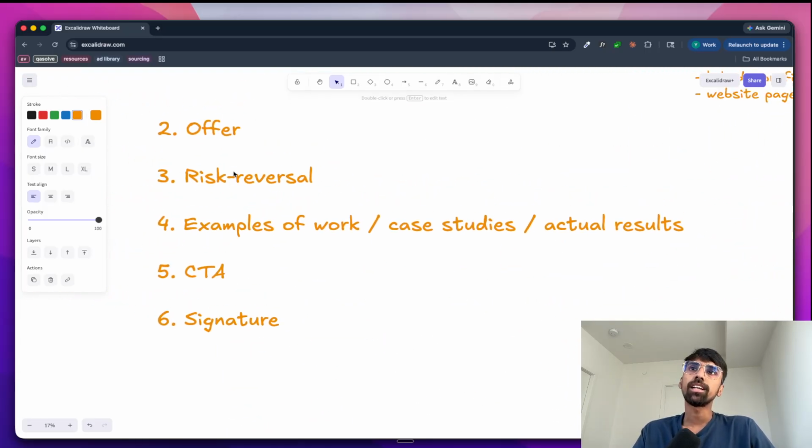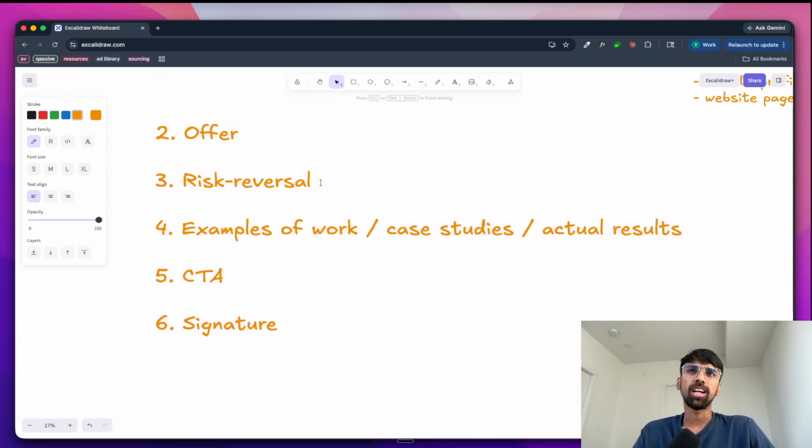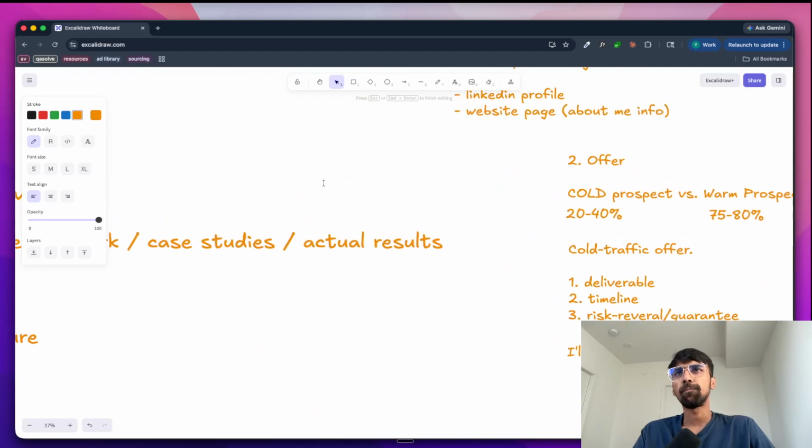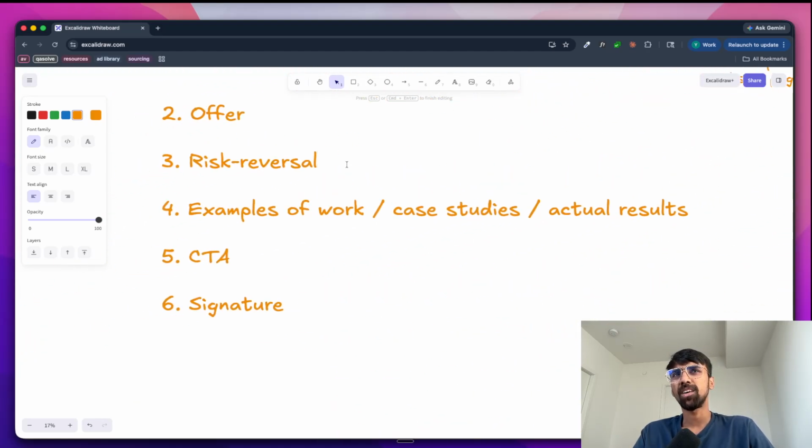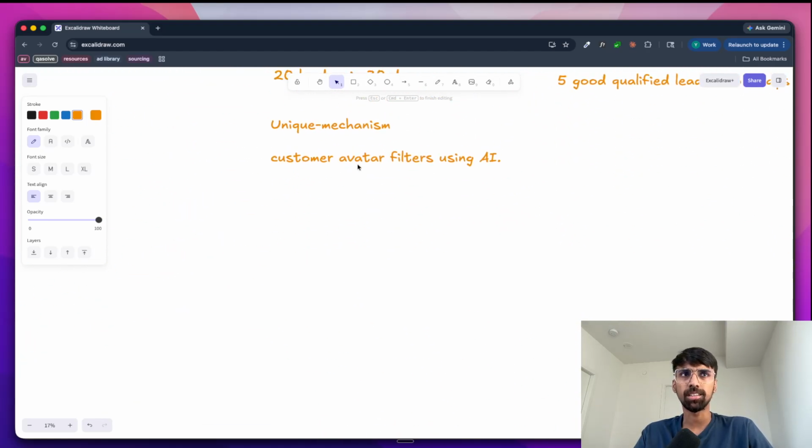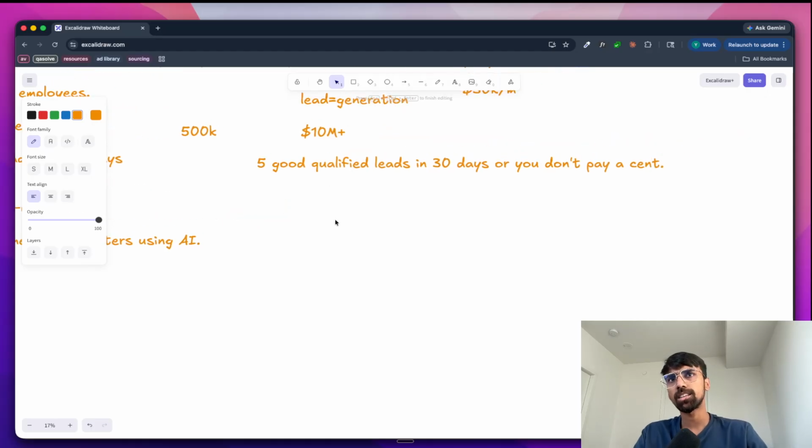So the third thing is risk reversal. Okay, I think I've already talked about it. So risk reversal is fine. I can add another line about it. You could have another sentence like, I did this for X company, where X is a variable that you want to put.